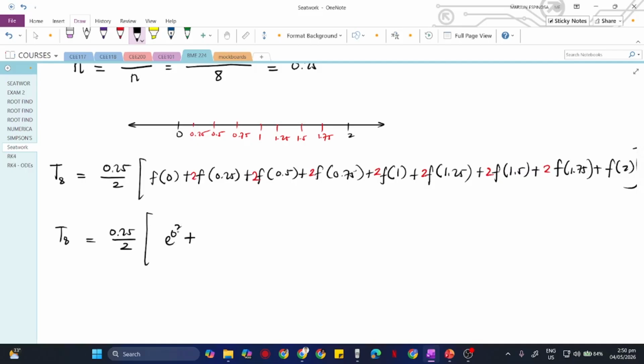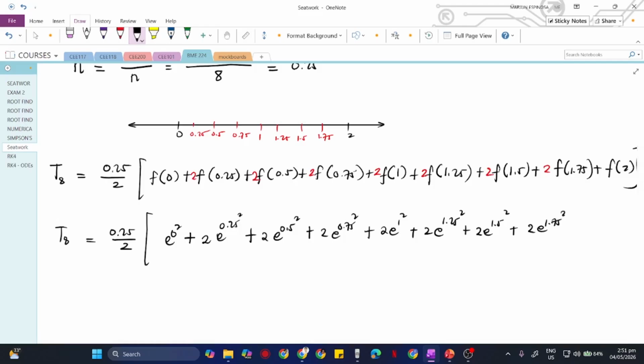Tama naman. 2 times e 0.25 square plus 2 times e 0.5 square plus 2 times e 0.75 square plus 2 times e 1 square plus 2 times e 1.25 square plus 2 times e 1.5 square plus 2 times e 1.75 square plus 2 times e raised to the power of 2 square.